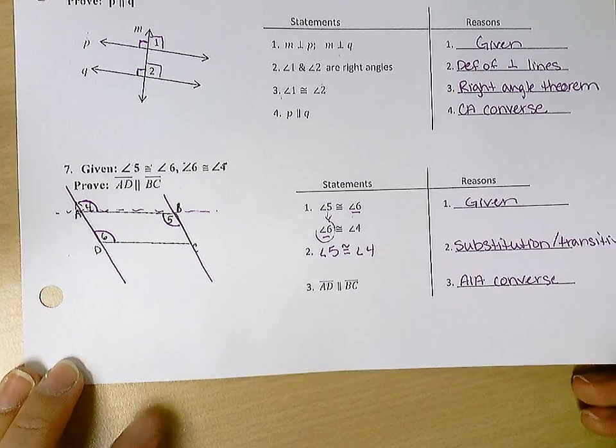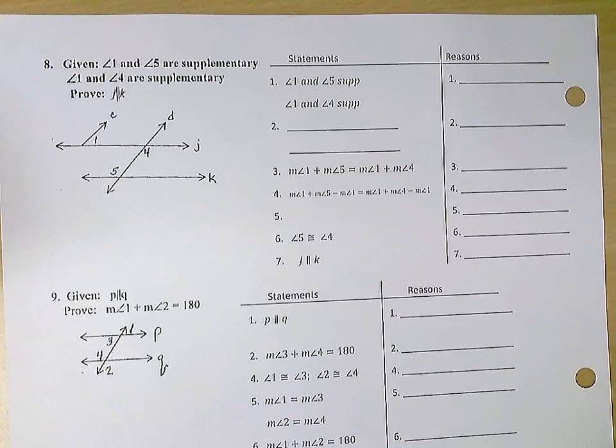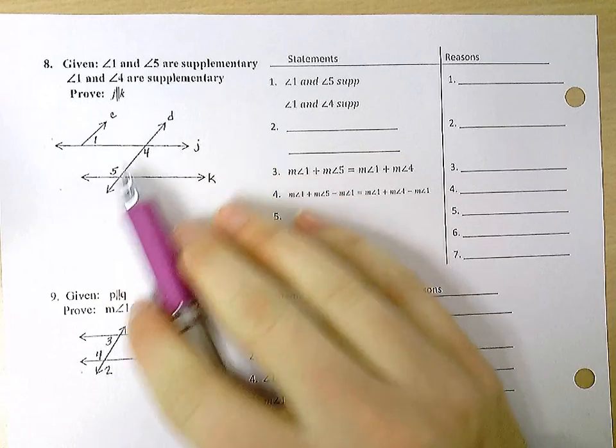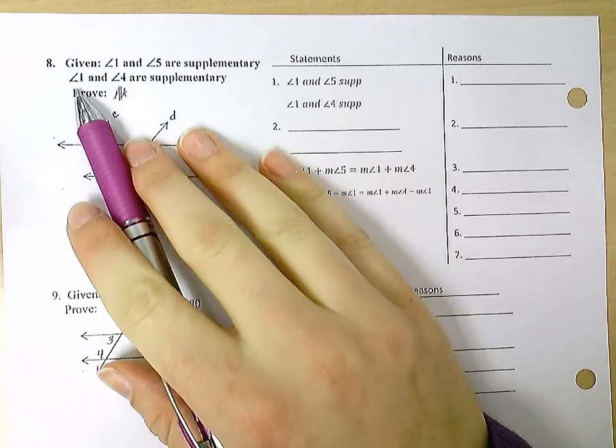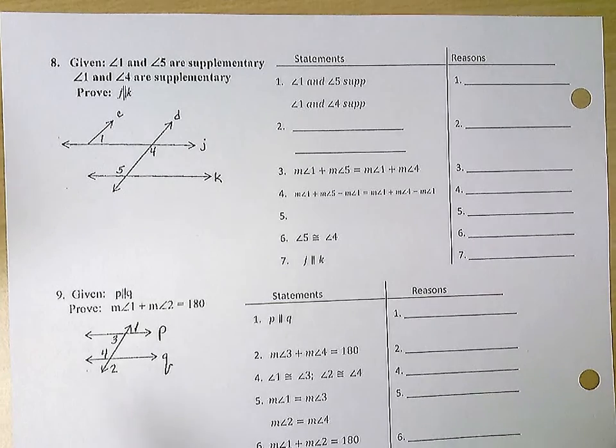We're going to make them longer now. All right, number 8. We are given angle 1 and angle 5 are supplementary, and angle 1 and angle 4 are supplementary. What does supplementary mean?